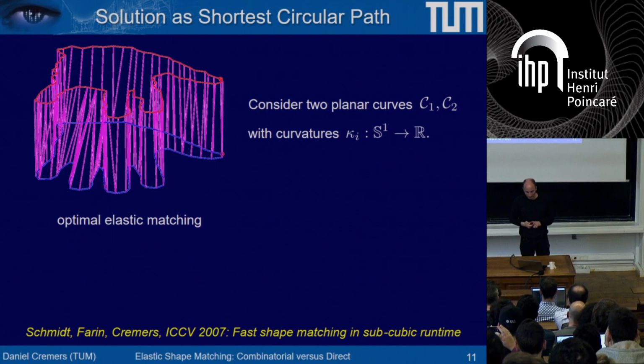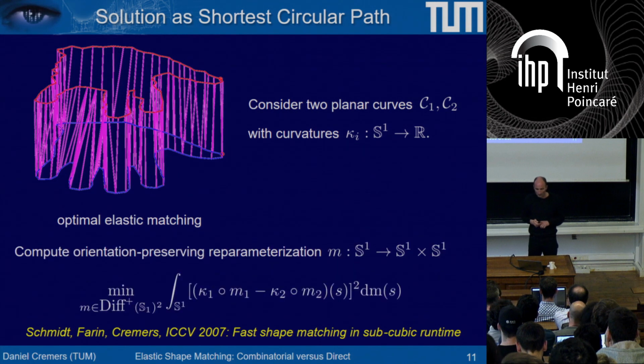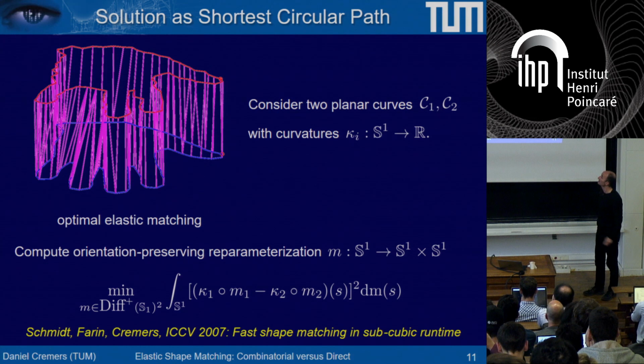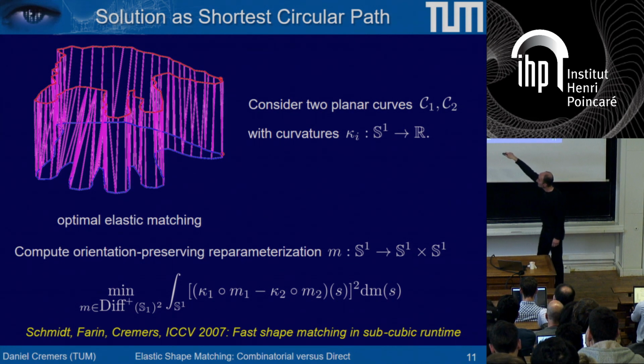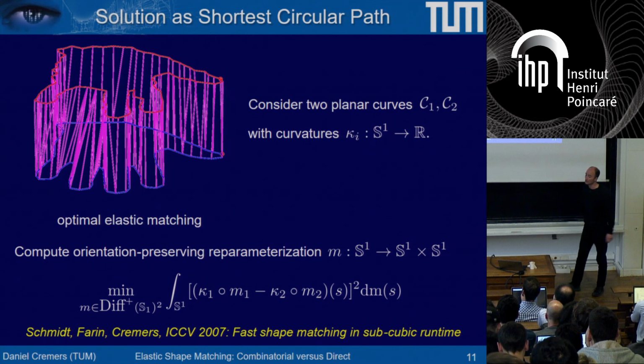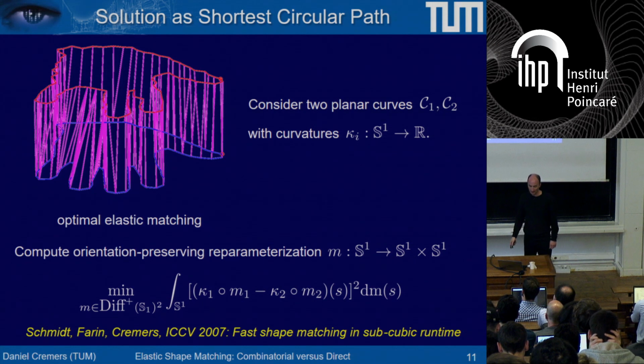And so we have the curvatures for these, and then what we want to compute is a reparametrization, essentially, of these two shapes, such that the curvature of one and the curvature of the other are as similar as possible in this least square sense. And so we try to optimize over the orientation-preserving diffeomorphisms here. And this is the problem we want to solve.